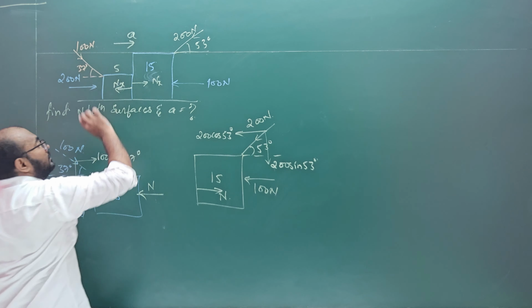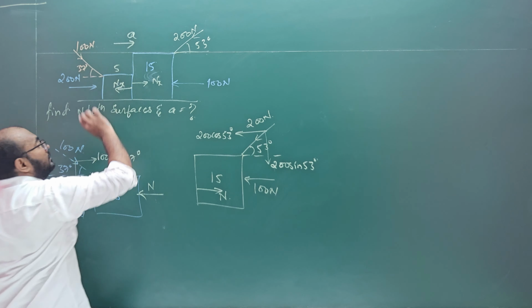Okay, now 100 cos 37 value is 4 by 5. That means, can I say over here in this direction, 80 Newton is acting, and 100 sin 37, that is 3 by 5, 60 Newton is acting in this direction. Yes. Similarly, over here, 200 cos 53 is 3 by 5. That means, can I say that over here 120 Newton is acting? Yes.